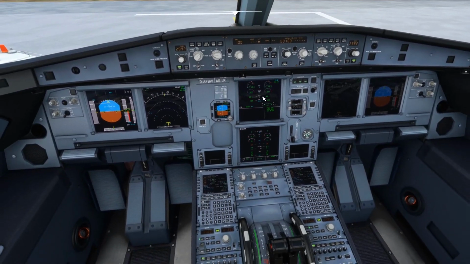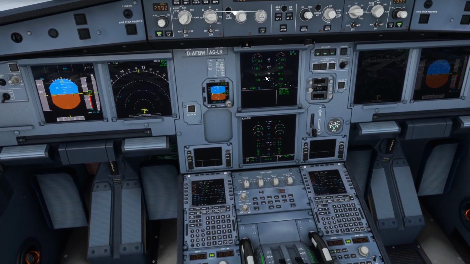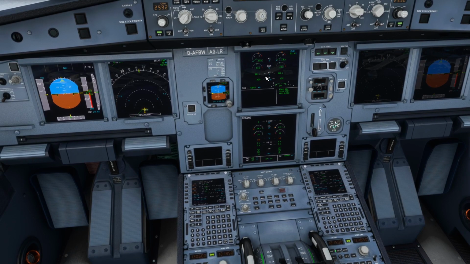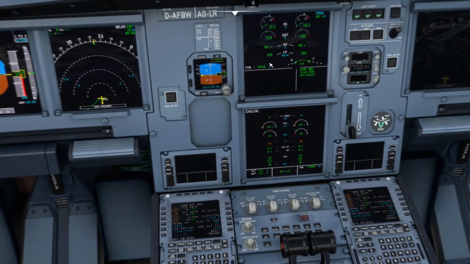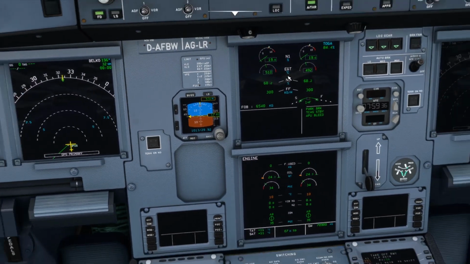And every time I have been flying the FlyByWire A320 plus the A330neo, I have been facing this issue that it doesn't go more than this. And if I try to take it more than this, I hear an error, especially in the A330, because the FlyByWire A320 is designed in such a way that even if I bring the throttle up to the maximum, up to TOGA, the power is over here.